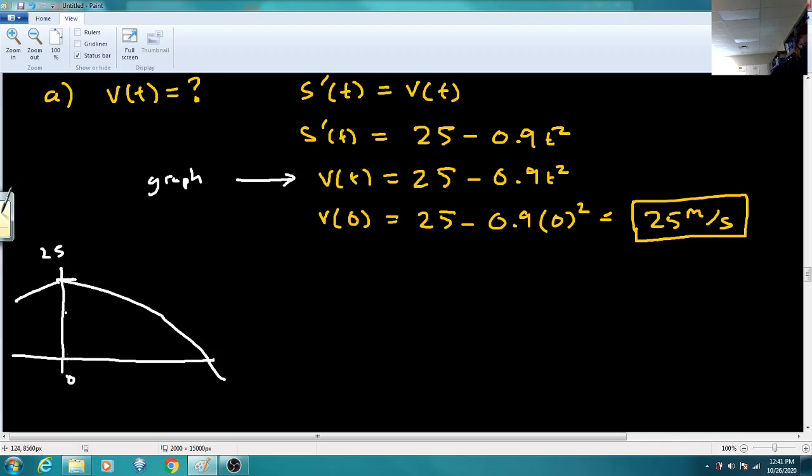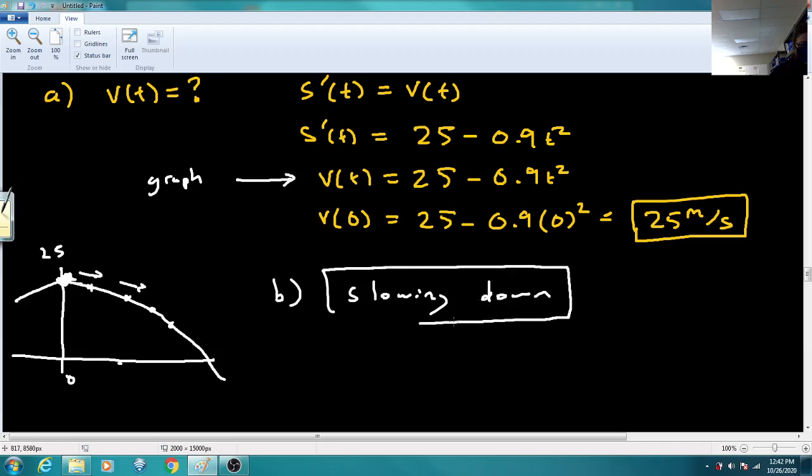If this is time equals 0, and we look at the positive times off to the right-hand side, the shape of the graph tells me that all the y values get smaller and smaller. So this tells me that the truck is slowing down.